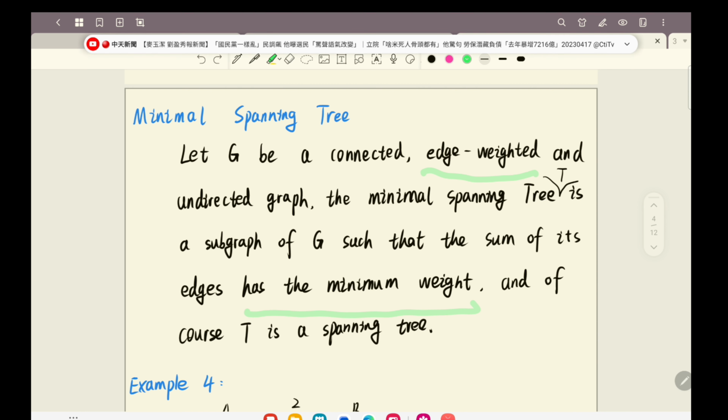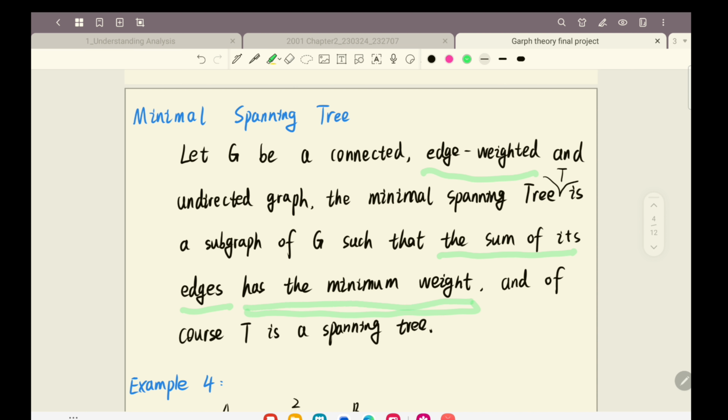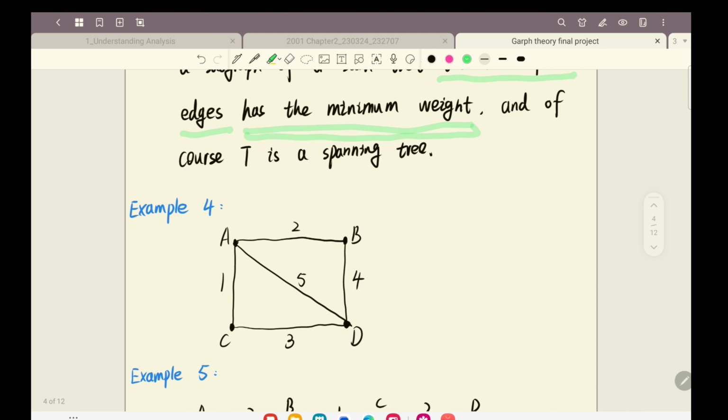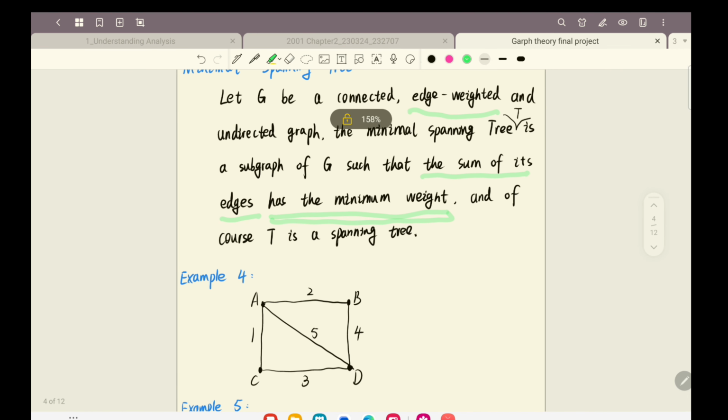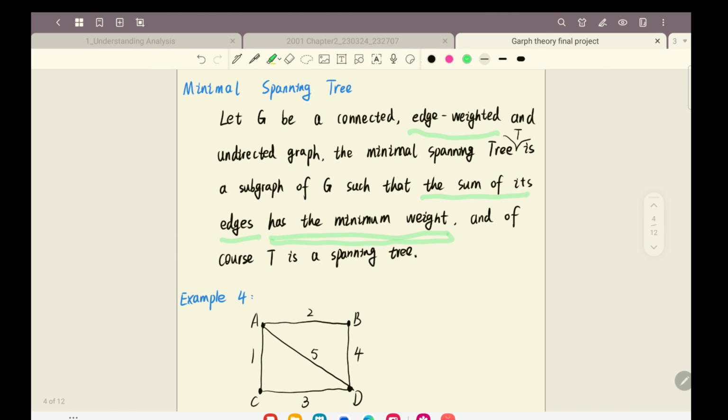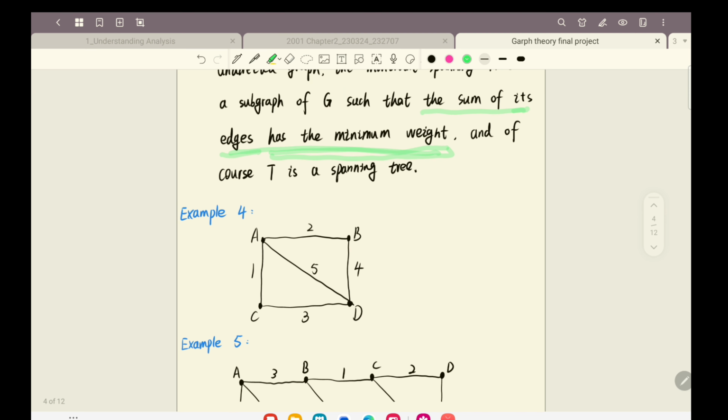The minimal spanning tree T is a subgraph of G such that the sum of its edges has the minimum weight. And of course, T is a spanning tree because it's a minimal spanning tree. For example, some people may wonder what it means that the sum of its edges has the minimum weight.